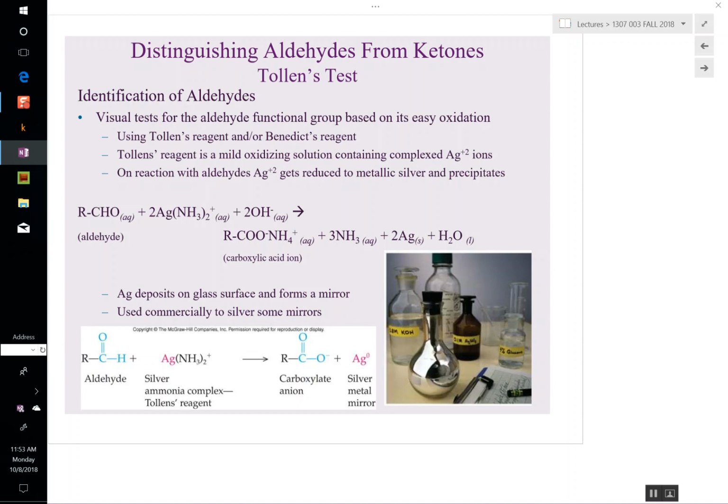So let's not get all bogged down in all this stuff, but what's changing? The silver ion, Ag plus 1 ion, is becoming metallic silver. And the aldehyde is oxidizing to a carboxylate. It's being oxidized. The silver is being reduced.